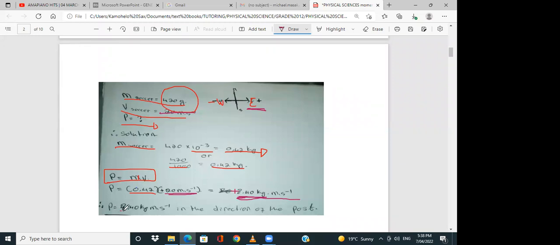Your momentum will be 8.4 kilograms meters per second in the direction of the post, or you can say towards the goal post. This is why we chose a direction, guys. Remember, east is towards the goal post, west is away from the goal post, and towards the goal post is positive, away from the goal post it's negative.